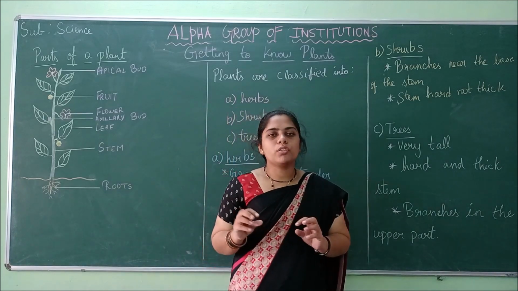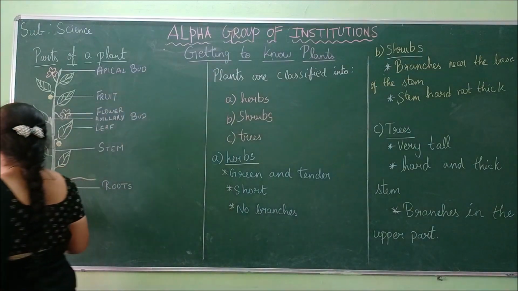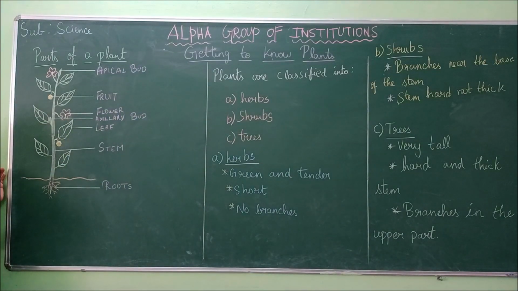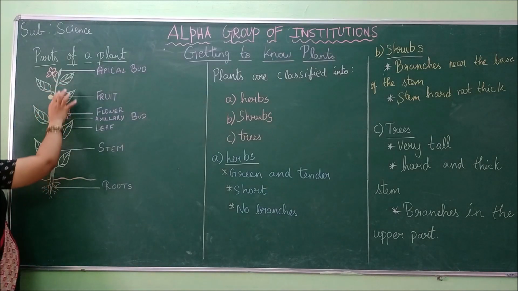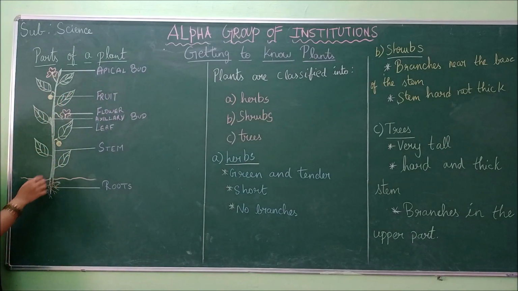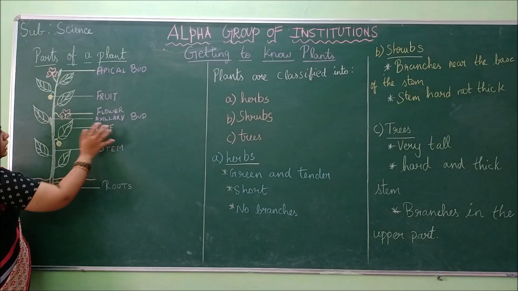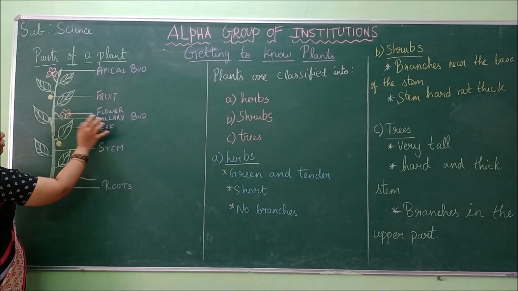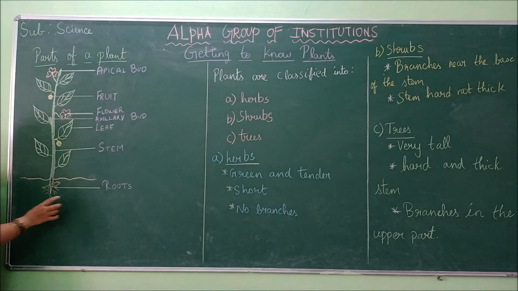Now I am going to give you a recap from the first. What we saw first are the parts of a plant. So what are the parts present in a plant? The stem will be present in the center and leaves will be present. The flowers are present, and here you can see the apical bud, the axillary bud, the flower, leaves, stem and finally fruit.